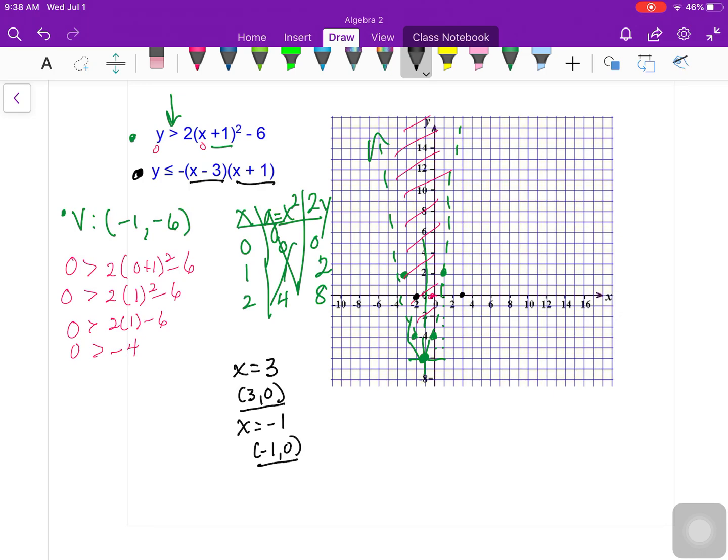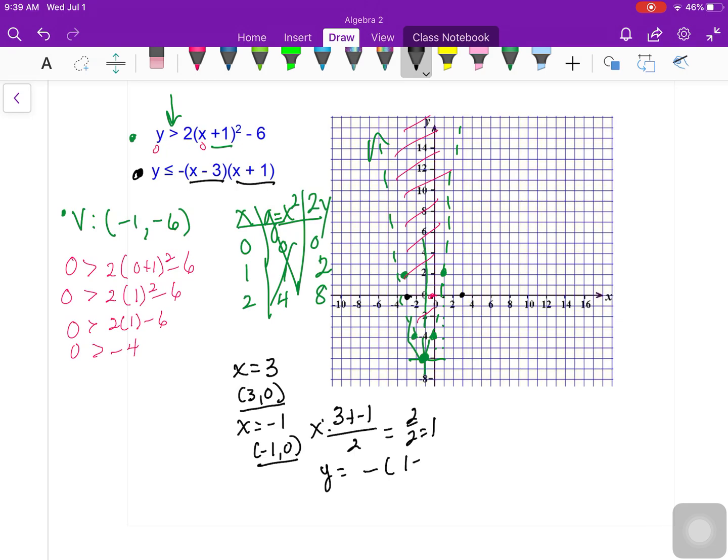So my vertex would be halfway between those. So 1, 2, 3. 3 plus -1 divided by 2 is 2 divided by 2 is 1. So the x-coordinate is 1. And I substitute it in there.